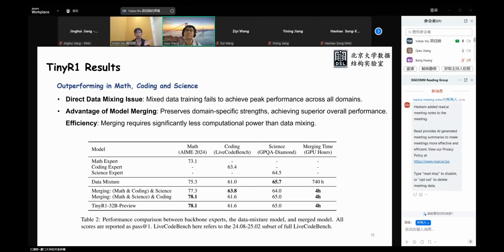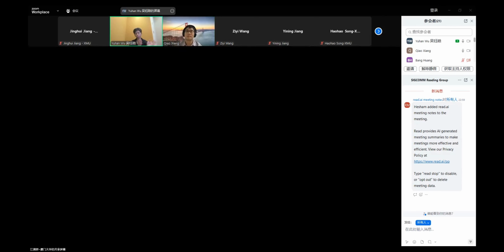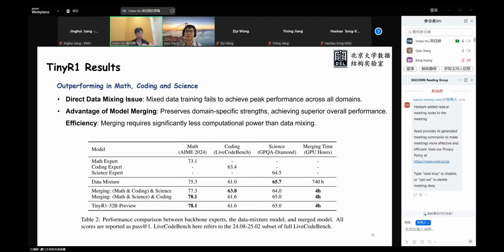Here we just focus on 3 domains and 3 benchmarks. In the industry, they focus on 10 or 20 benchmarks.